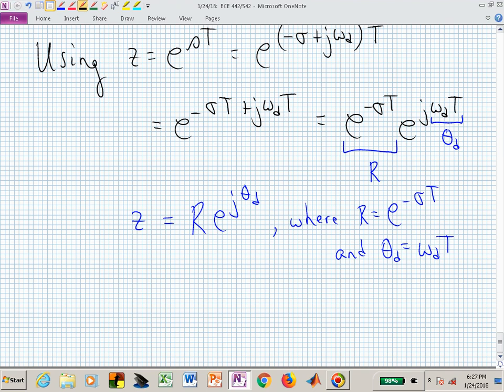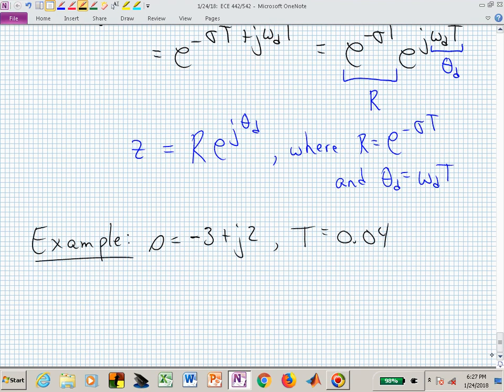And to bring us back to reality, to a physical example, let's plug in the numbers. Our example that we had started with, we said S was minus 3 plus j2, and we said our sample period was 0.04, or 40 milliseconds. Let's see what Z ends up being.